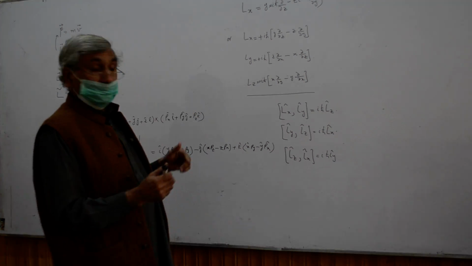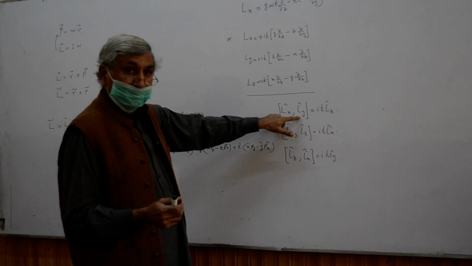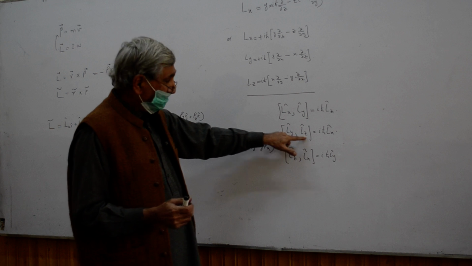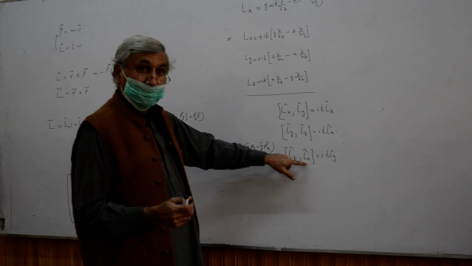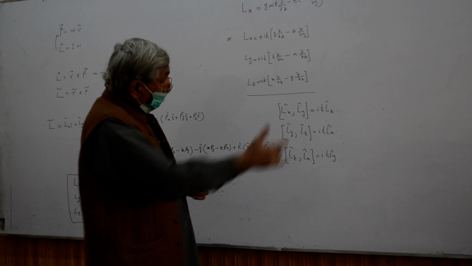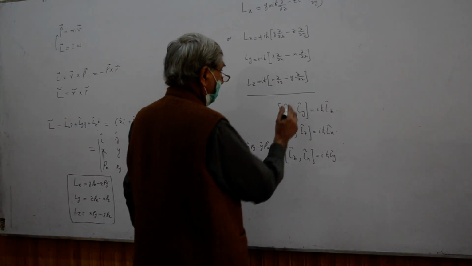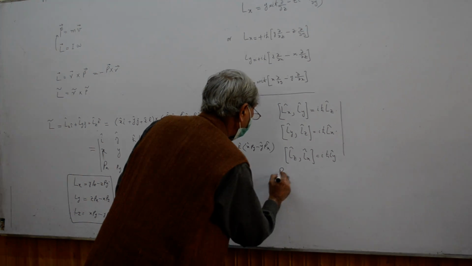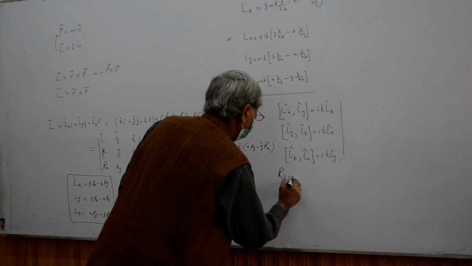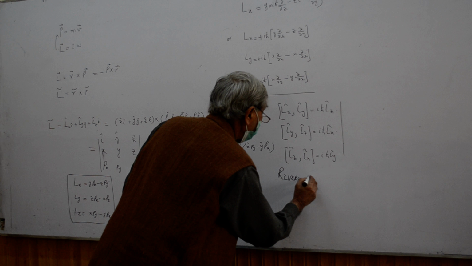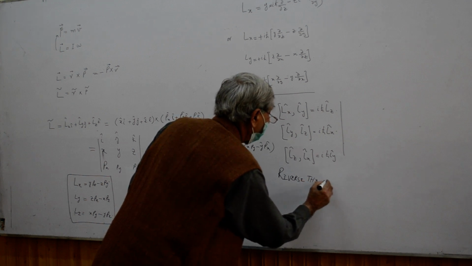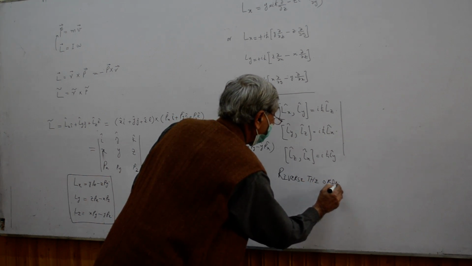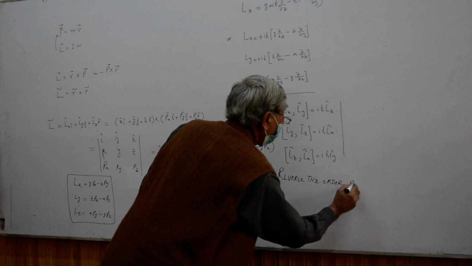Look at the order. After x it is y, after y it is z, after z it is x. So keep that order. If you reverse the order, put a negative sign.